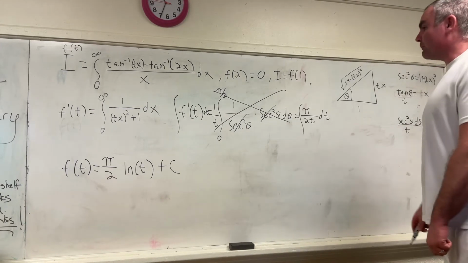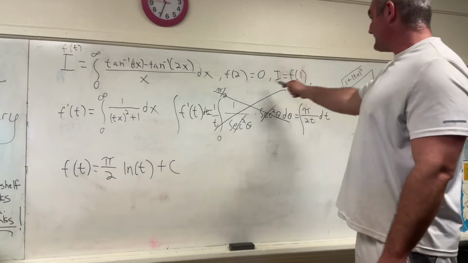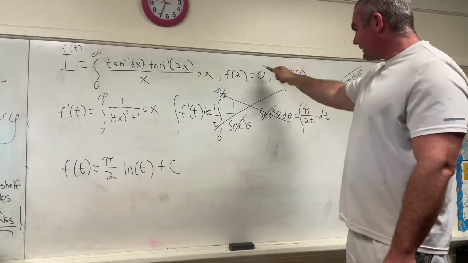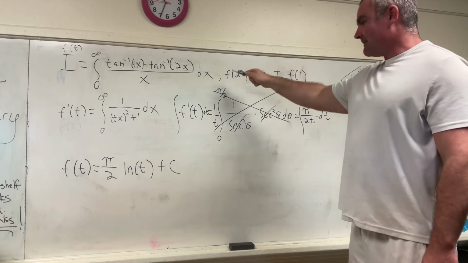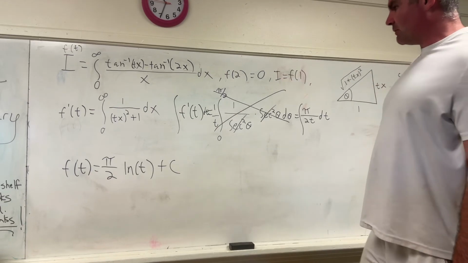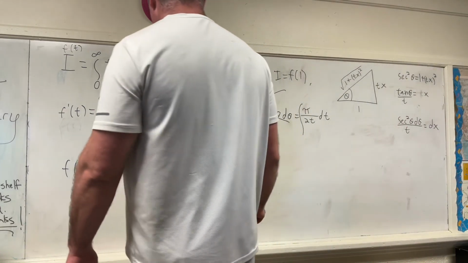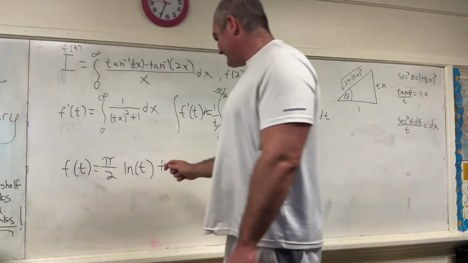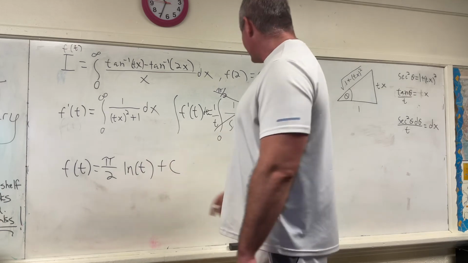Now we'll utilize this fact right here to solve for c. Since f evaluated at the point 2 is equal to 0, if we plug in 2 for our t, we get 0.